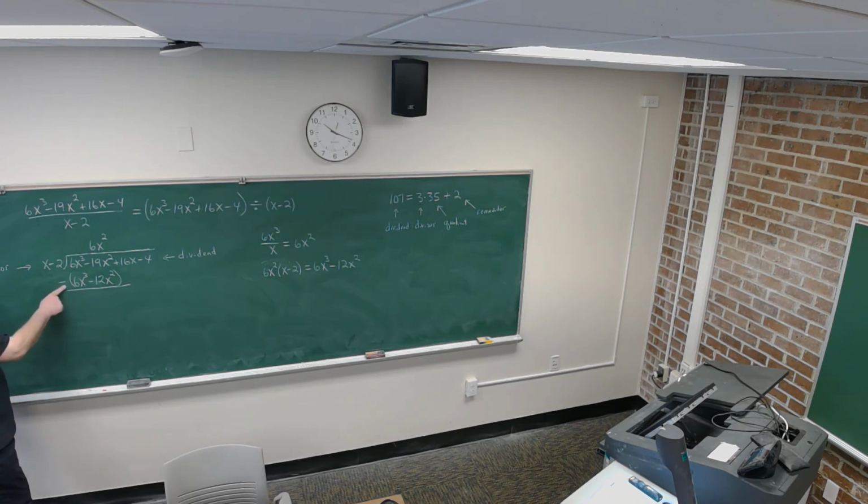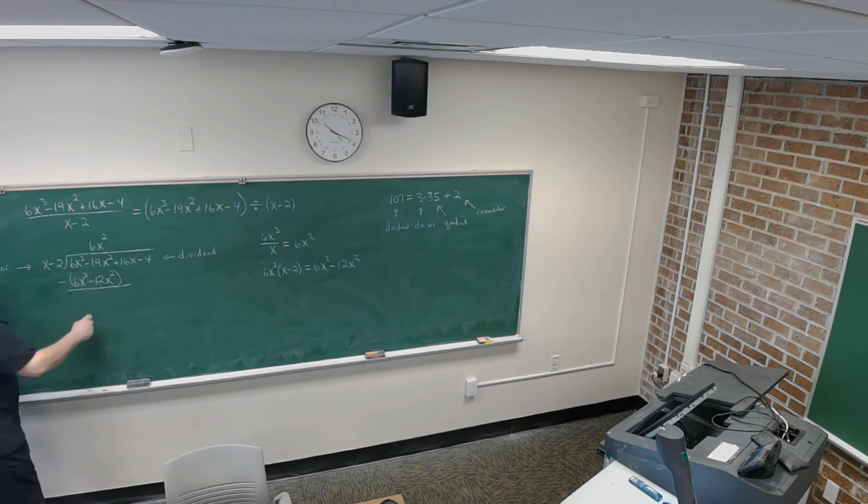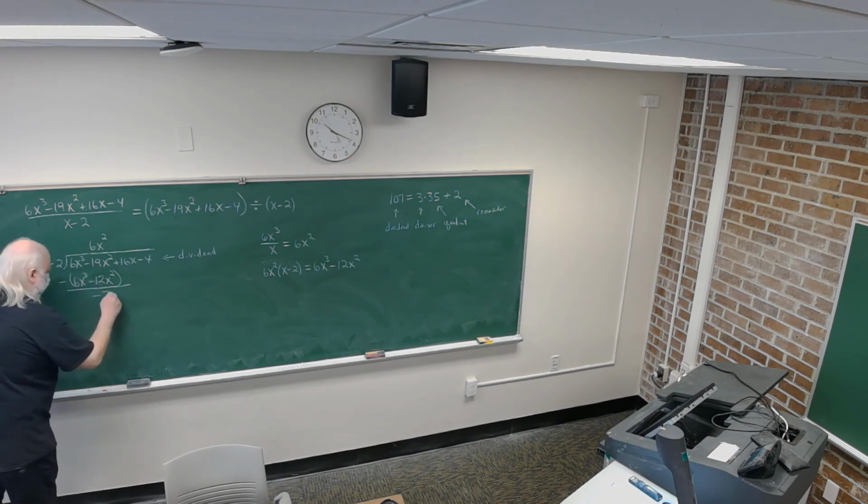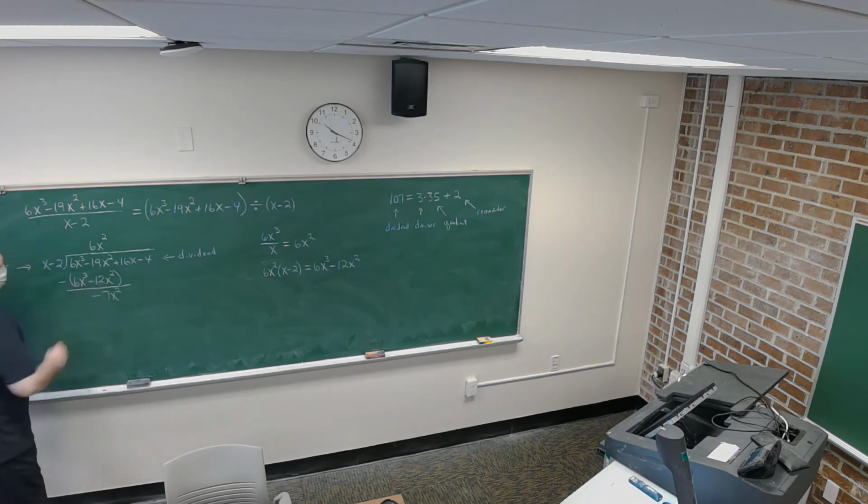Well, when I distribute the minus sign inside parentheses, I have minus 6x cubed, and 6x cubed minus 6x cubed is 0. That's what we want to get. Minus 19x squared plus 12x squared, right? We're at minus 12, which is plus 12. Minus 19 plus 12 is negative 7. So the remainder is minus 7x squared from that first step.